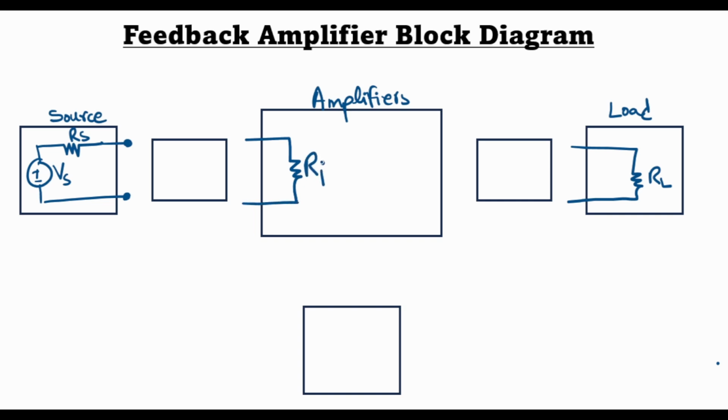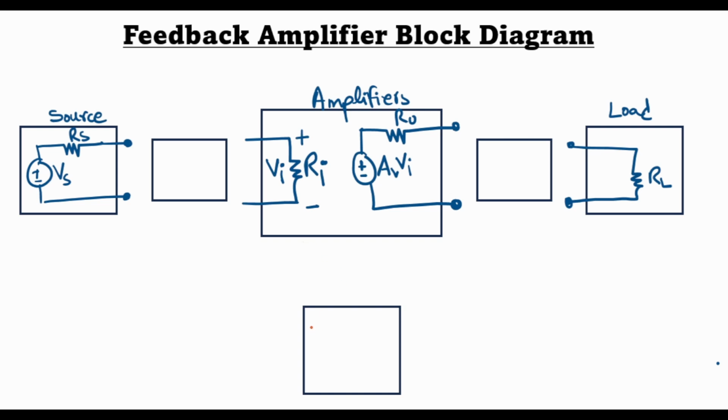If you recall from my previous lecture, we have an input impedance, and the voltage across the input impedance is Vi, and we have a voltage dependent voltage source AV times Vi in series with the output impedance R0, and this is then connected to the load resistance RL, and we get the output voltage V0 across RL.